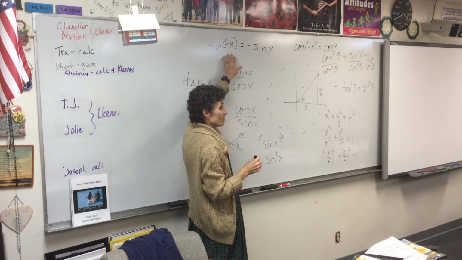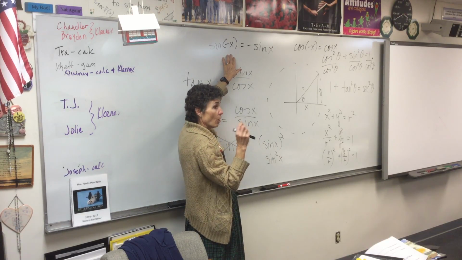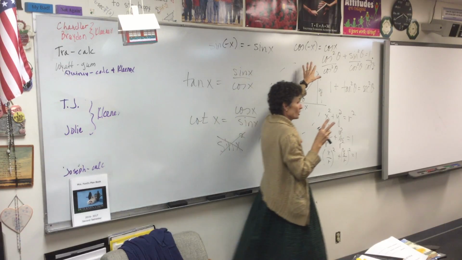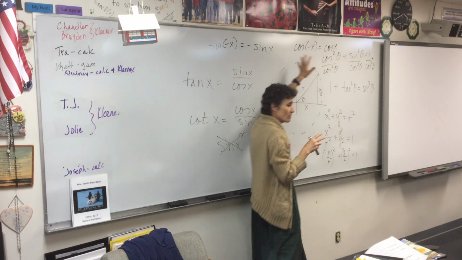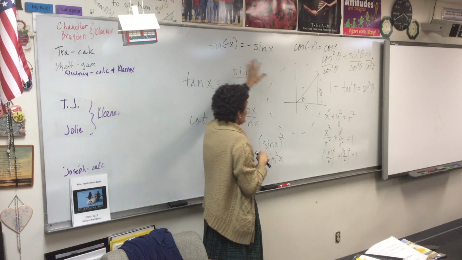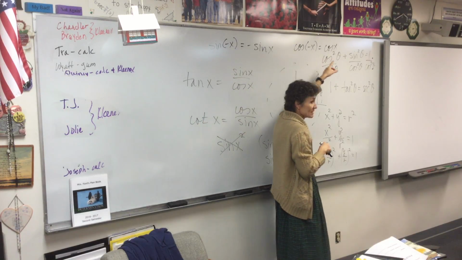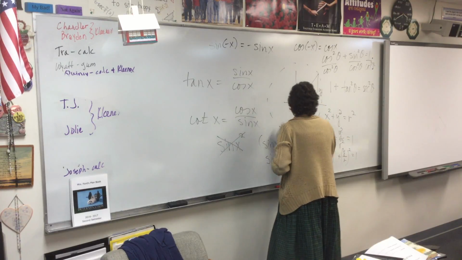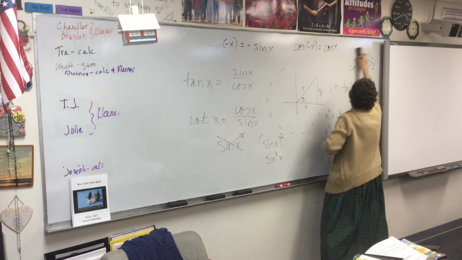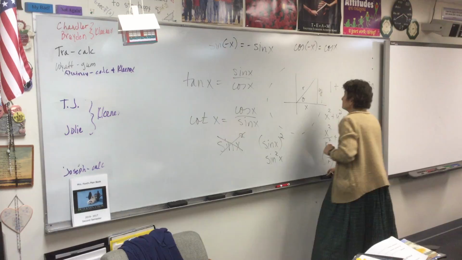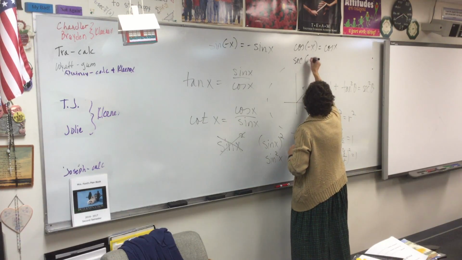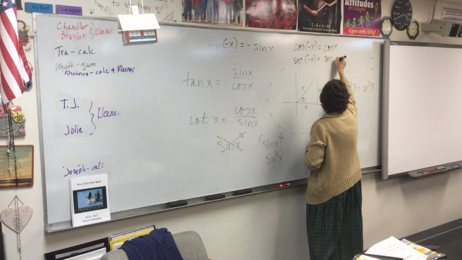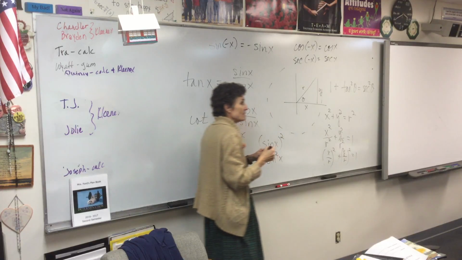There are only two functions that are even. Everything else is odd. The two that are even are obviously cosine and secant. Cosine and its reciprocal are even. So what does it mean to be even?